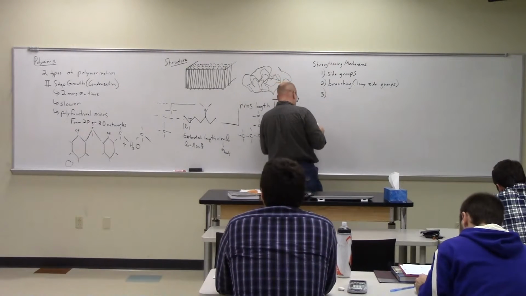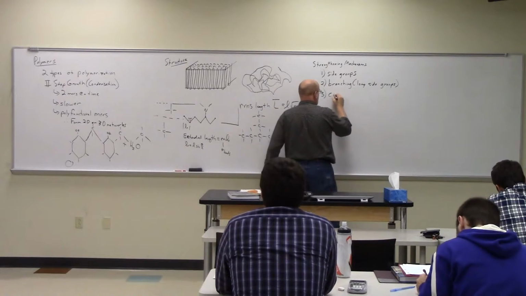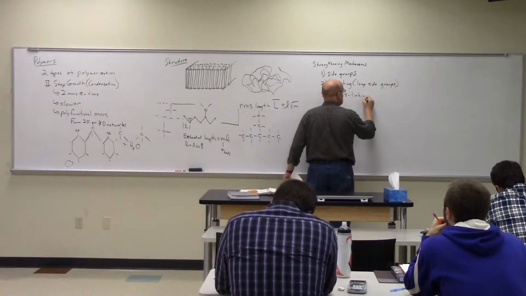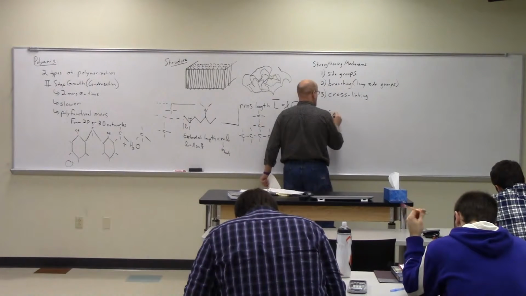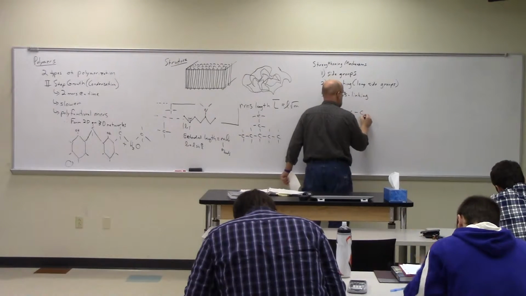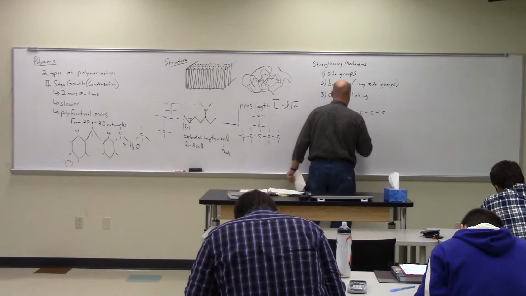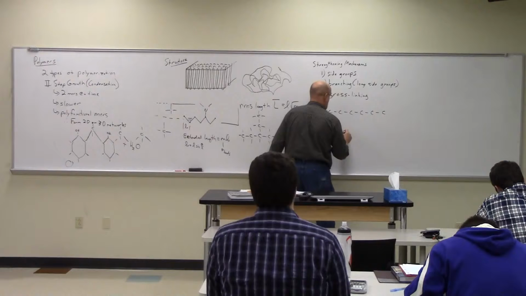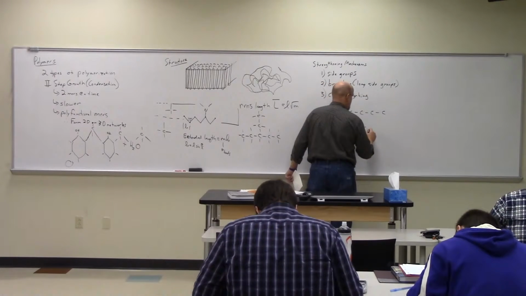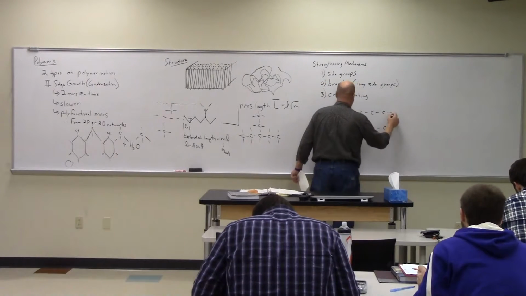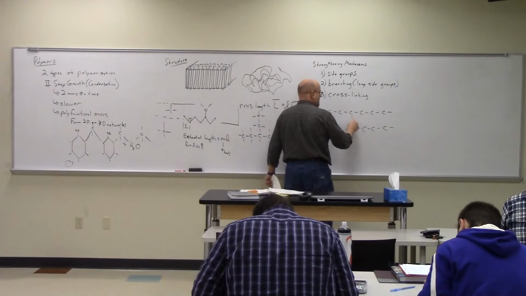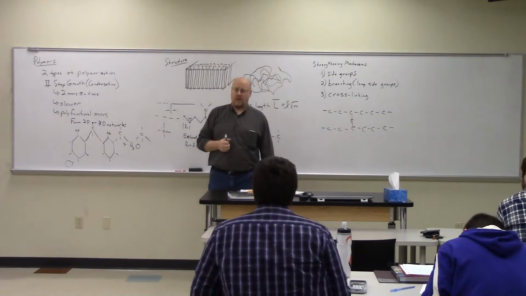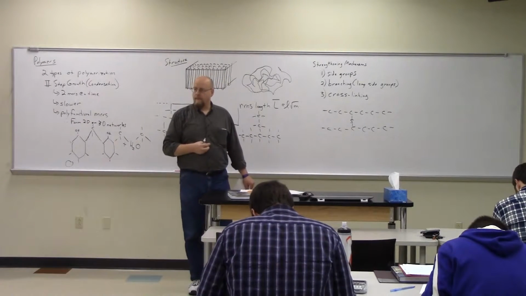And then the last thing is cross-linking. So cross-linking, two chains next to each other. And instead of the hydrogen in between, I put some other kind of material that actually chemically bonds the two chains together.